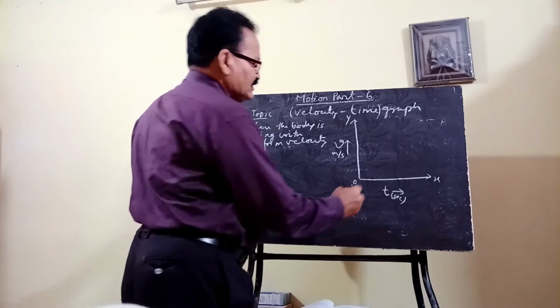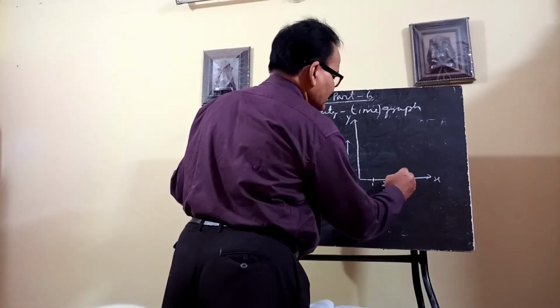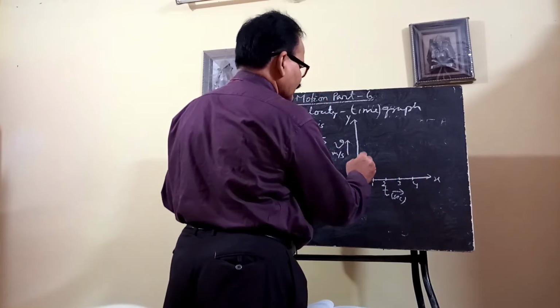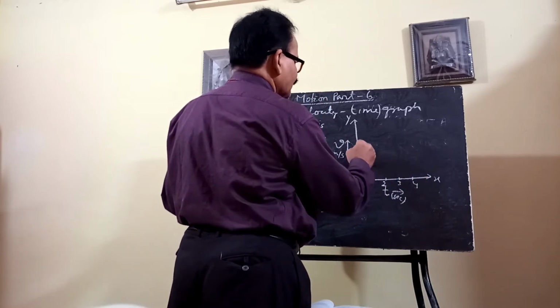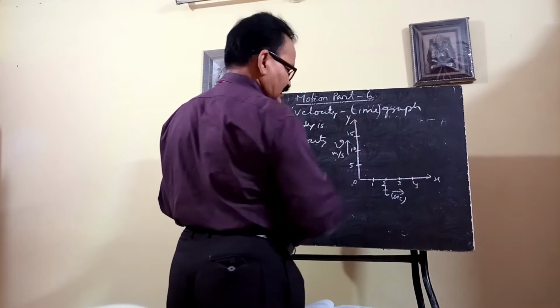So suppose your time is 1 second, 2 second, 3 second, 4 second and so on, and the velocity is 5, 10, 15 like that.